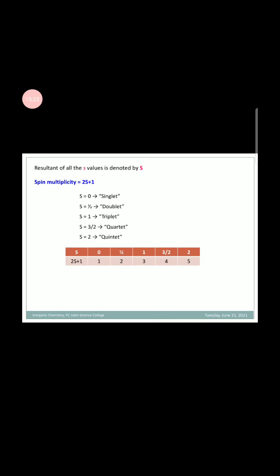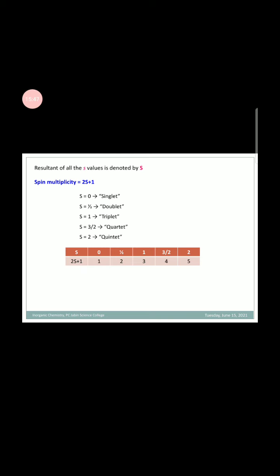Here the resultant of all the S values is denoted by S. Spin multiplicity is equal to 2S plus 1. If we get the value S equal to 0, it is read as singlet. S equal to half, it is read as doublet. S equal to 1, it is triplet.